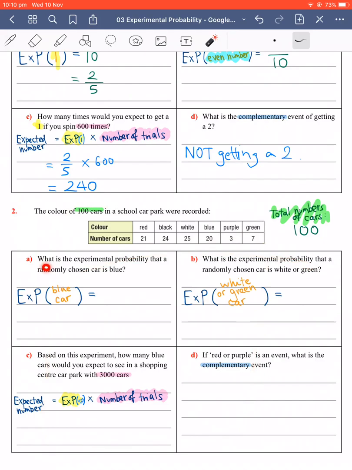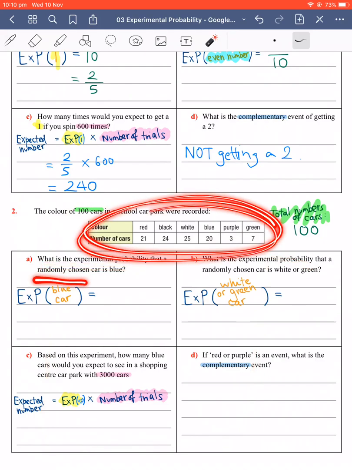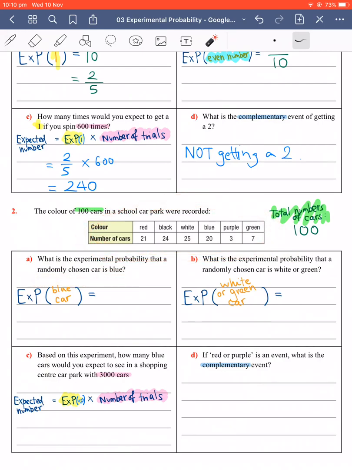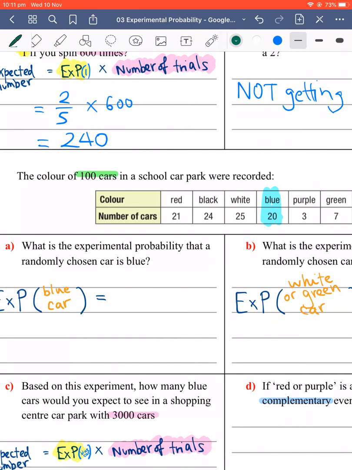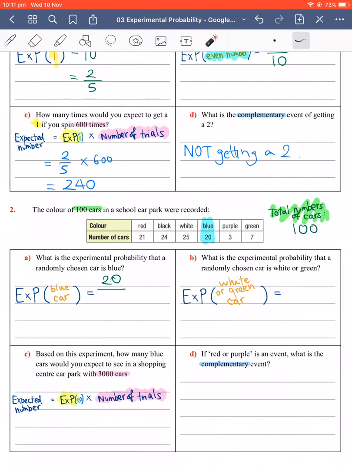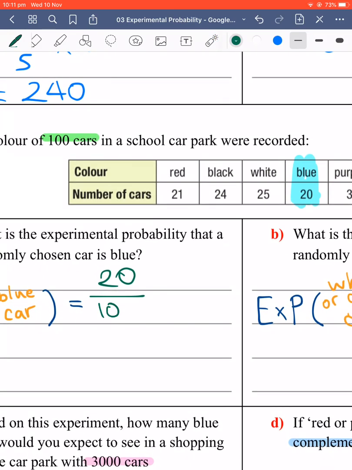So first one we have, experimental probability that a randomly chosen car out of this data set is blue. So we need to see how many were blue. I can see here, for blue I had 20. So 20 cars out of my total, which was 100, gives me 20 over 100.